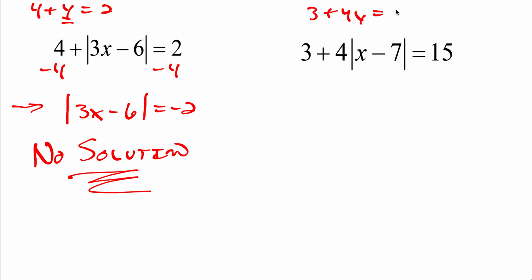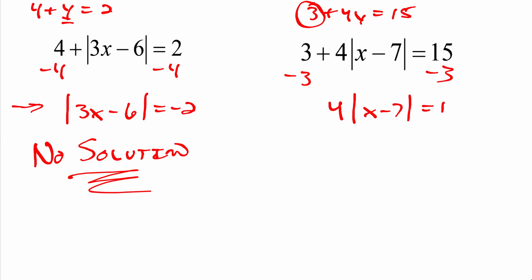Now what about this one? Again, think of it like this two-step equation. First thing, move that 3. So 4 times the absolute value of x minus 7 equals 12. Divide by 4. The absolute value of x minus 7 equals 3.